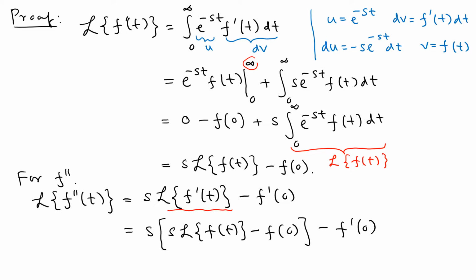Now if you simplify, you get s squared L of f(t), minus s f(0), and then minus f prime 0.